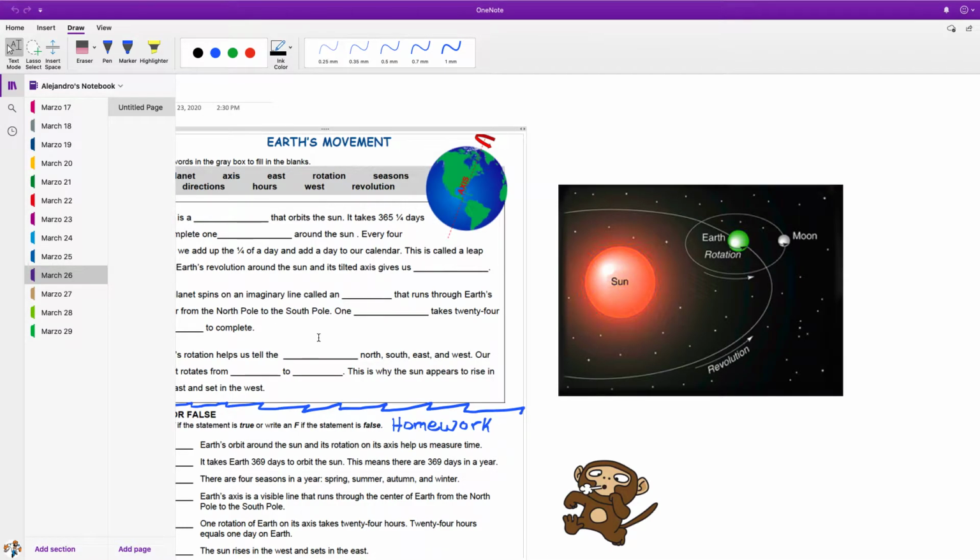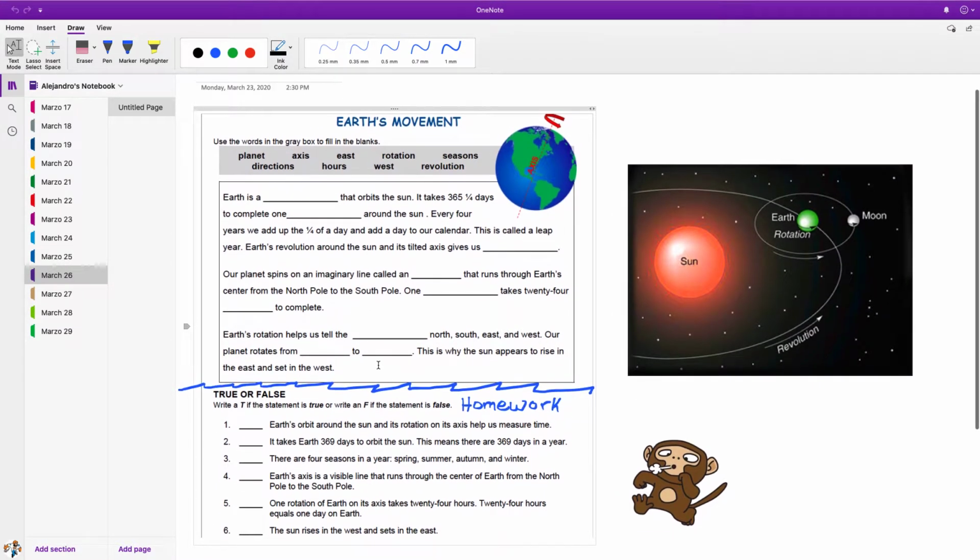So this is what we have for science. It's going to be something easy, I will say, because I'll be doing the guided practice with you, and whatever we do today is going to be related to the homework that you're going to have today. So pay close attention.